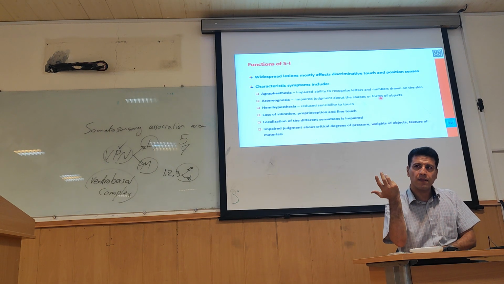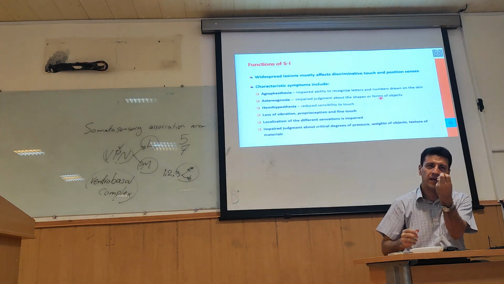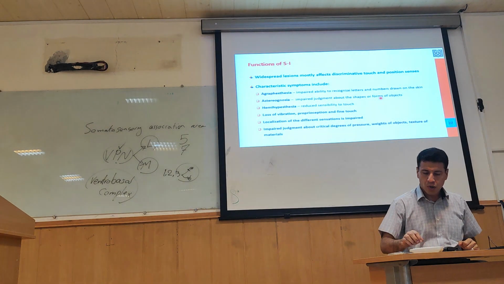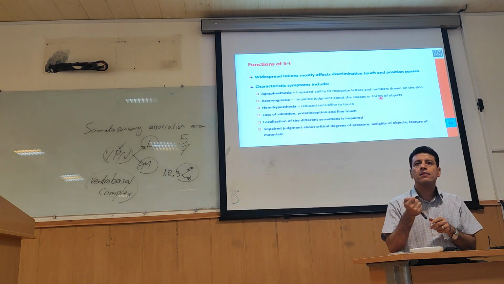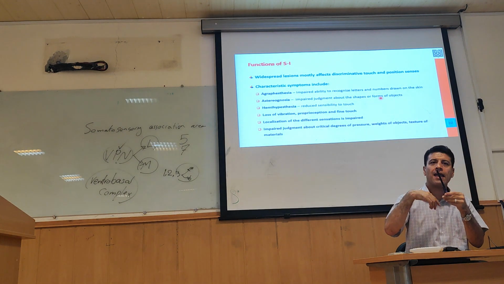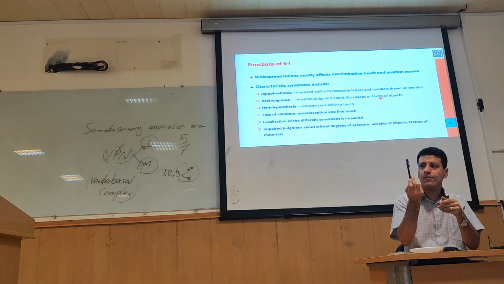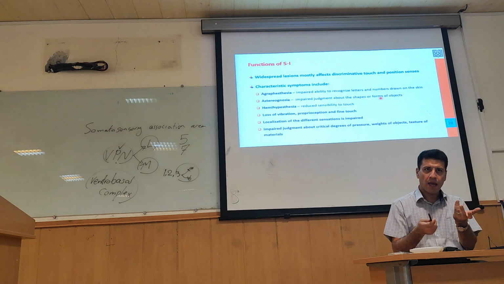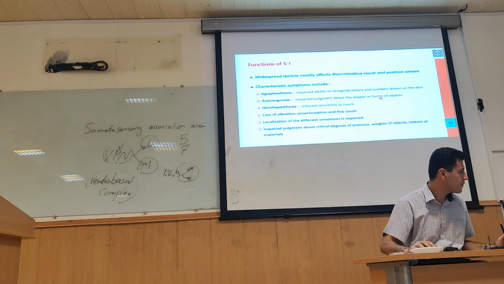A baseball cannot be recognized by the patient. Or you put this object in the hand, and the patient cannot give you any description of it. It's something like a pen, but the patient cannot do it.